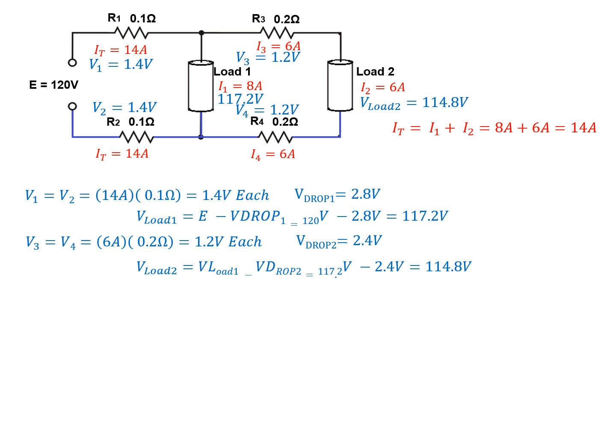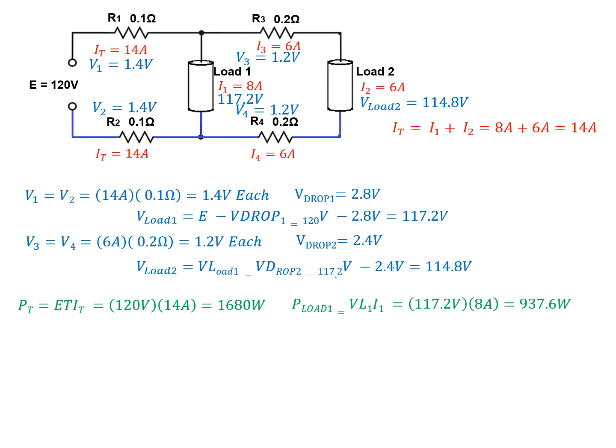Now that we got all our voltages and currents, we can find all our powers. Total power, E_T times I_T, we should have 1680 watts total coming in. Load 1, doing V load 1 and current 1, should give us about 937.6.